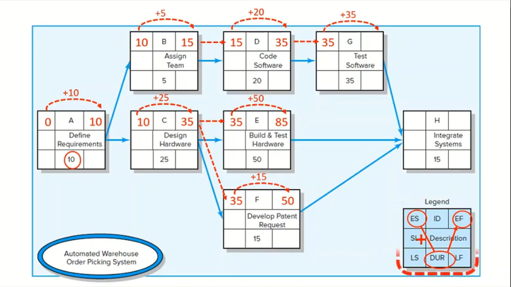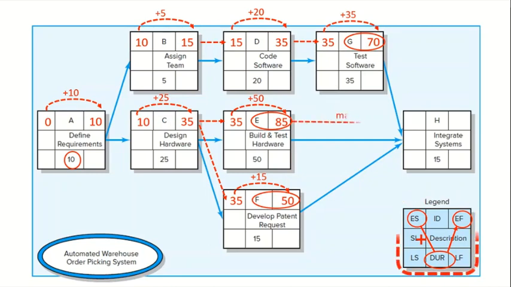Activity H, or integrate system, is a merge activity because it is preceded by 3 activities. The early start of a merge activity depends on the early finish of all activities that merge to it. Which activity controls the ES of activity H?